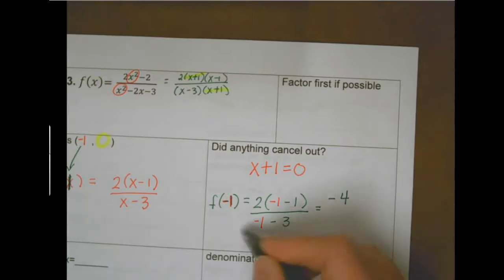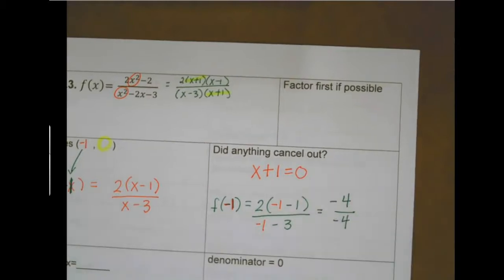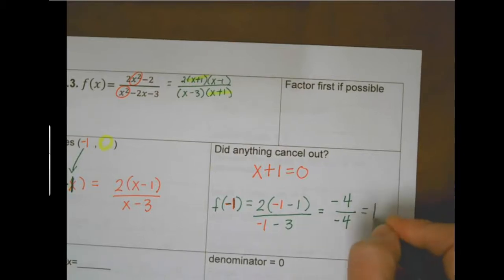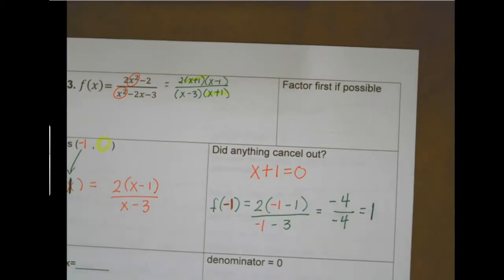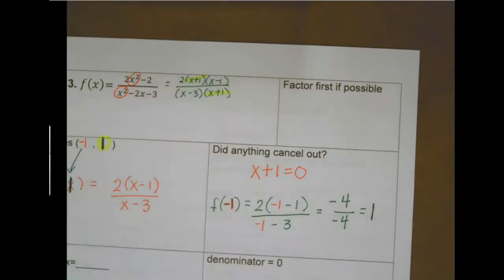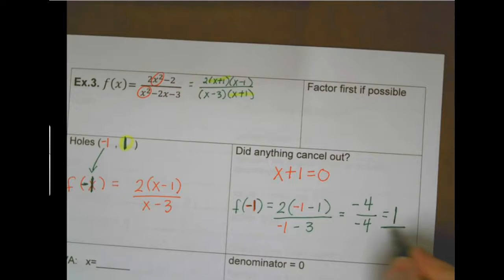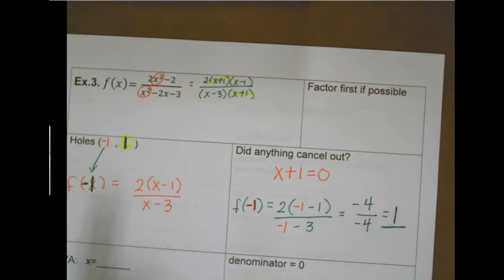Put the denominator in the calculator all in one step with the negative signs as written, and you get -4 over -4. What's that equal to? So the y part of my graph, which gives me the y part of my hole, that goes right up there.